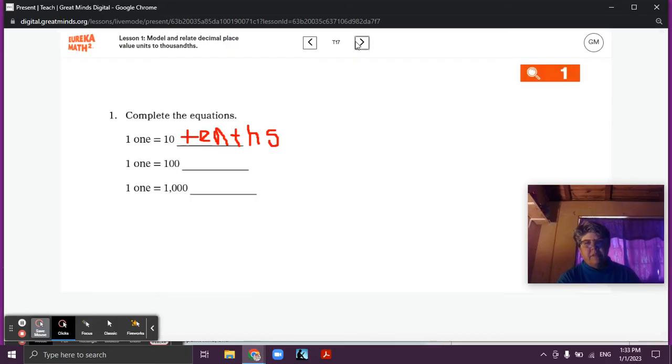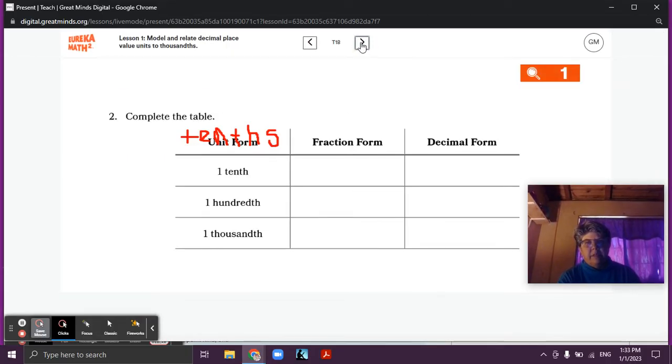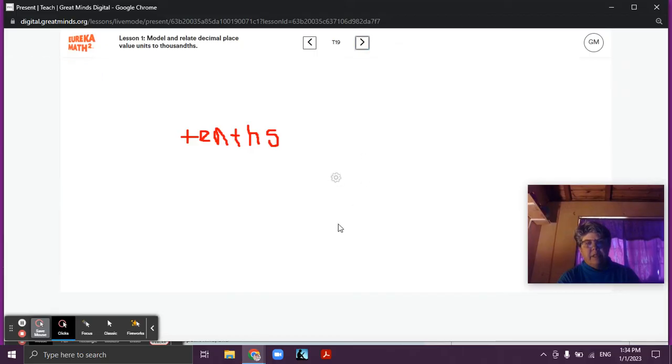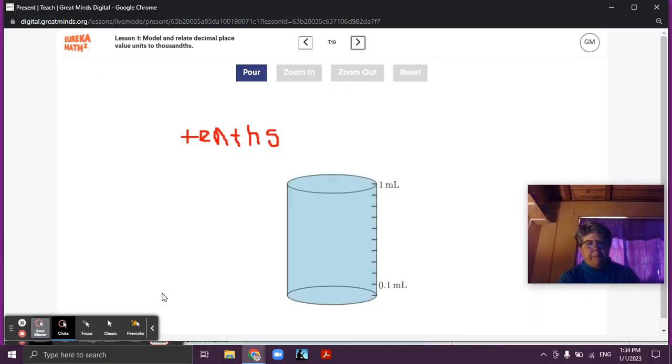Sorry, I thought I was going to be able to zoom in on that one. I'm going to come over to this one. All right, there we go. So now we're going to pour. And we see our 1/10, and now we're going to zoom in on that.